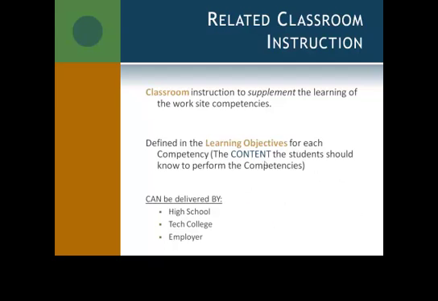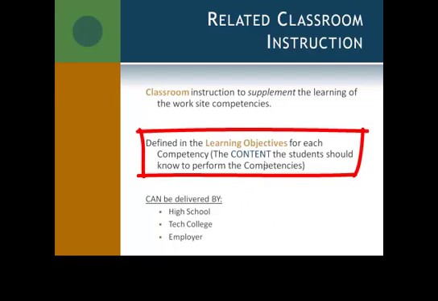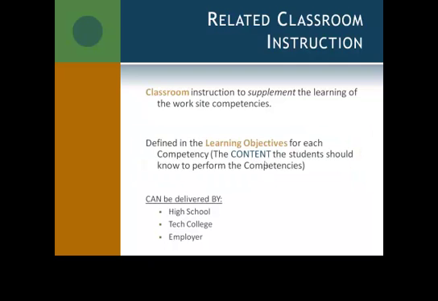The related instruction chosen should provide the students with the building blocks necessary to practice and master each competency. Information such as facts, concepts, principles, and skills that students need to know in order to master the competency should be synchronized as much as possible with the worksite training.